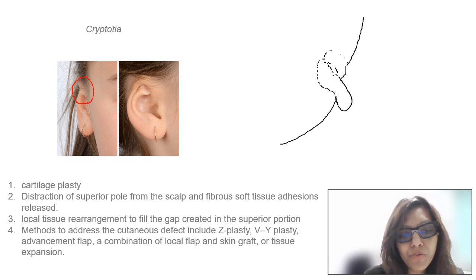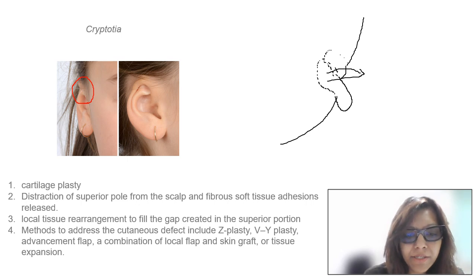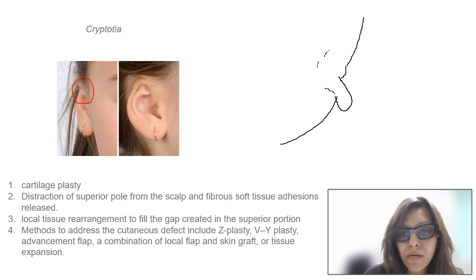What we need to do is bring this tissue to the outside, that is by releasing the adhesions. How we can do that is by releasing all the adhesions between the scalp tissue and the buried cartilage. After you release the adhesions and bring it outside, the ear looks like this.